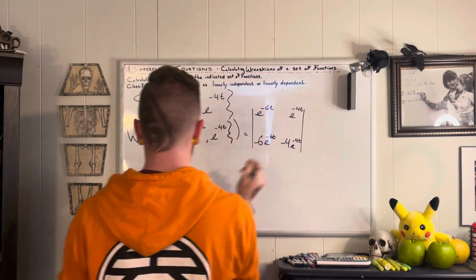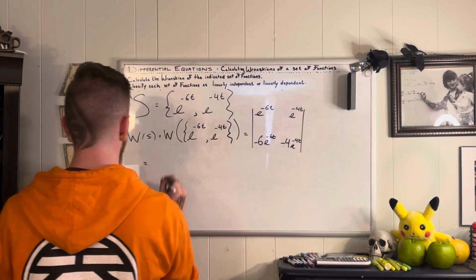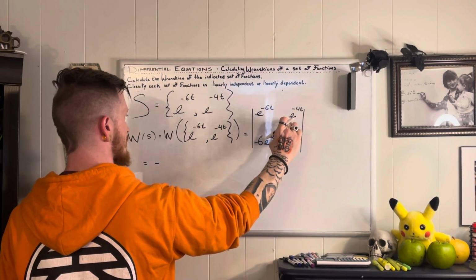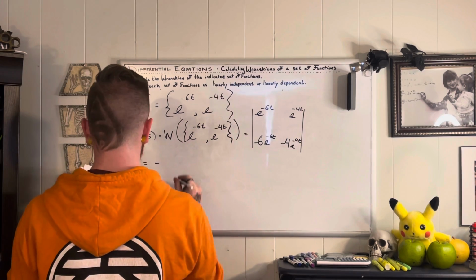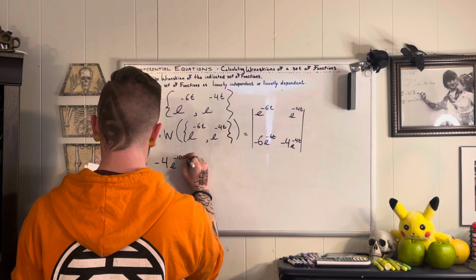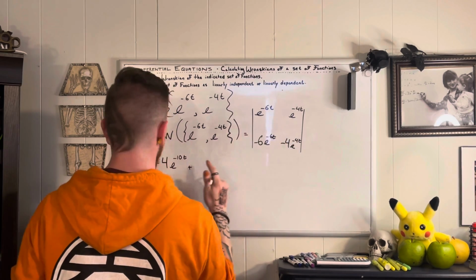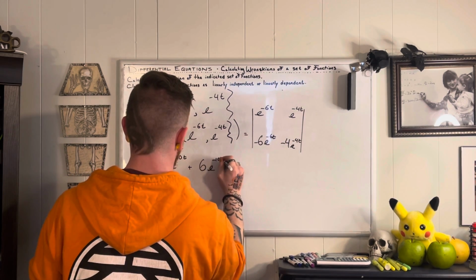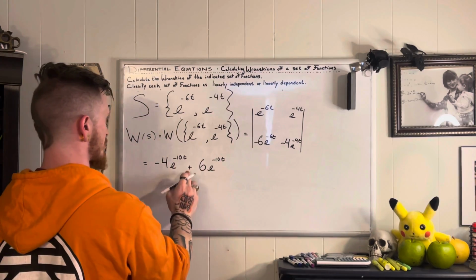To compute this, we multiply these two elements together and subtract these two elements multiplied together. So we're going to have minus 4 times e to the minus 10t plus 6e to the minus 10t. This is a plus here because we are subtracting a negative.